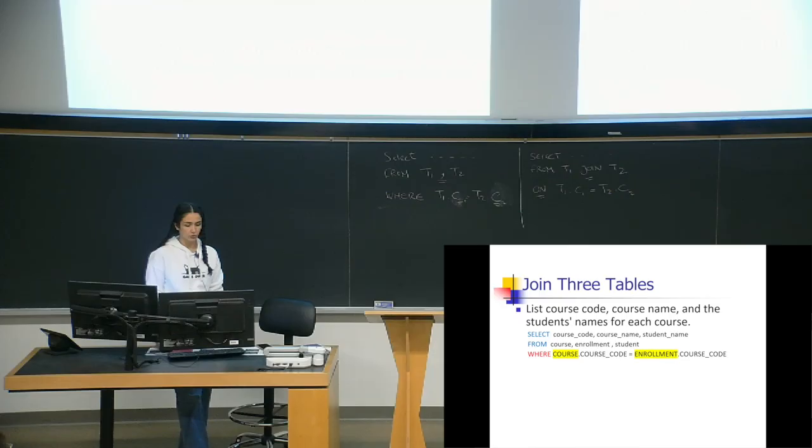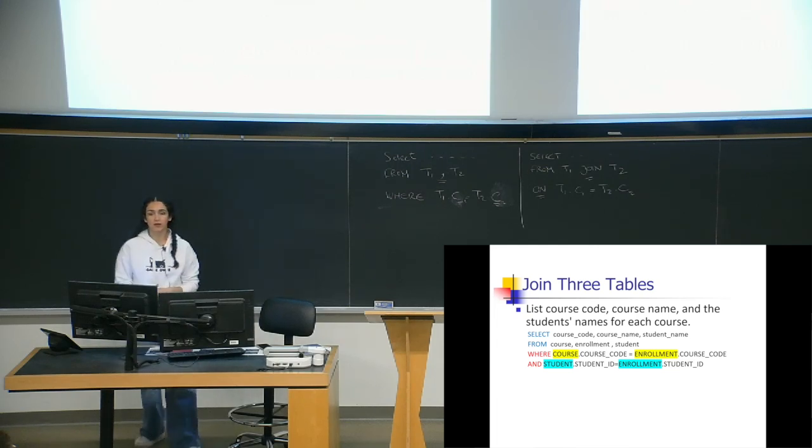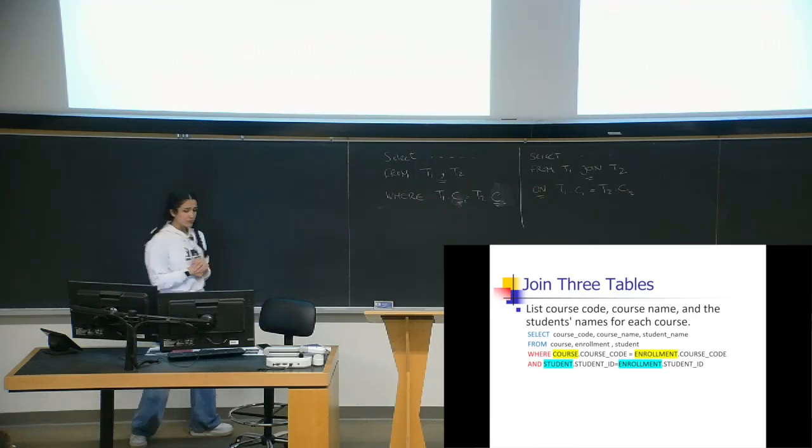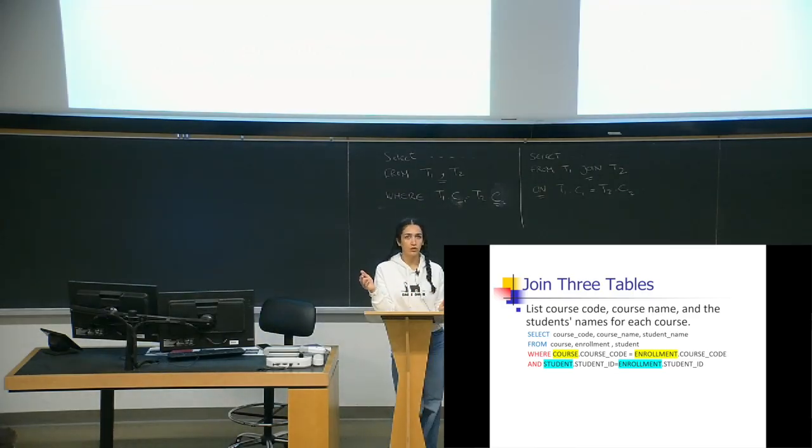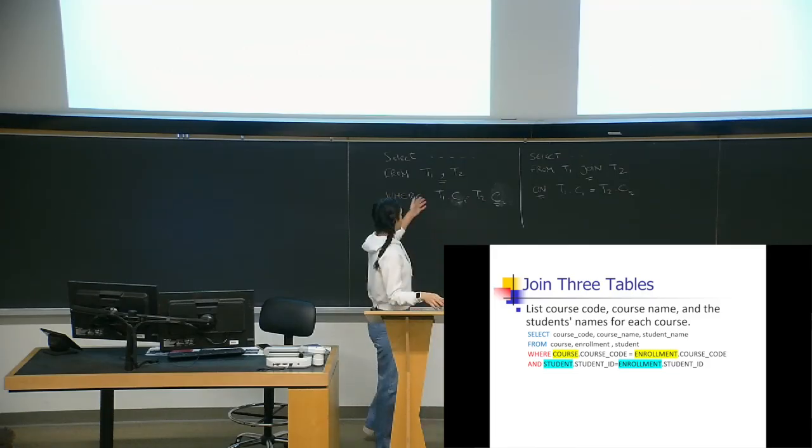For example, course code is the common attribute between enrollment and course, and student ID is the common attribute between the student table and enrollment table. Now, so this is joining three tables. You can extend it to 3, 4, or however many tables you want, right? So the formula remains the same.